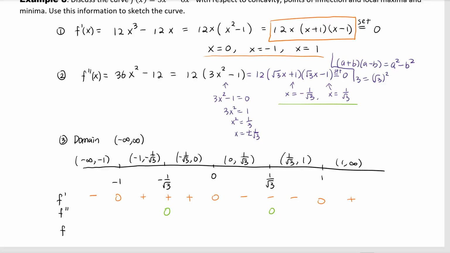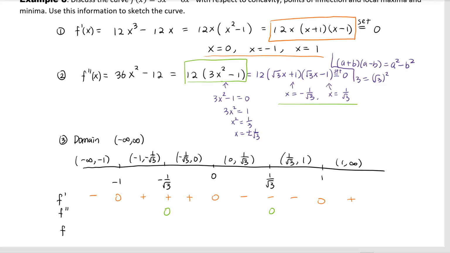And then, so here, these 3 pieces will actually have the same sign, because the only points that possibly change the sign of f double prime are -1 over root 3 and 1 over root 3. Okay, so we can plug in -1 in it. We can choose to plug in here or here, so it doesn't matter. Okay, maybe we can plug in here.